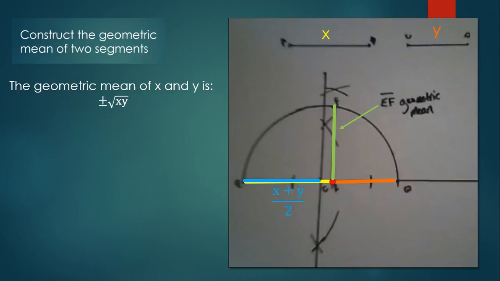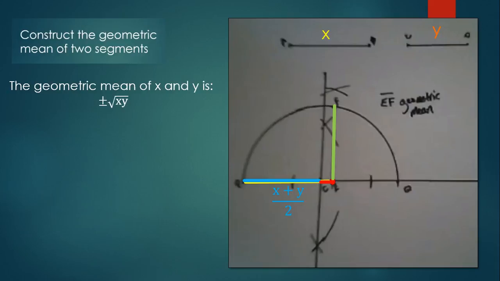So now let's see if we can figure out how we could write that geometric mean, the length of that geometric mean, in terms of the length of our two line segments, which are x and y. So the first thing we're going to have to do is look for the length of that little red line segment.